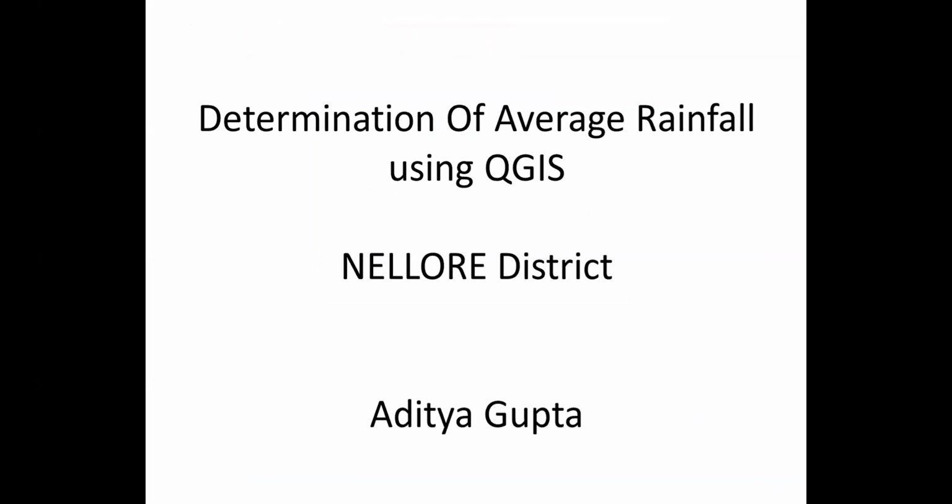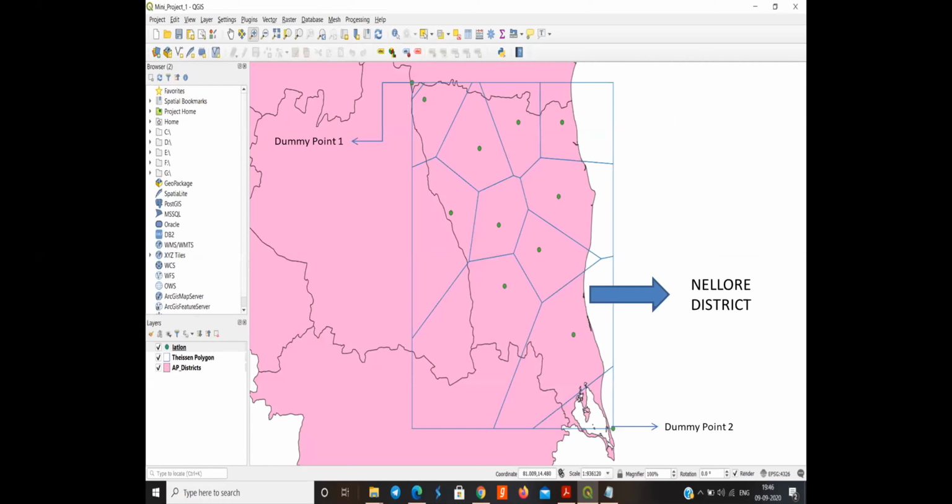That's okay. Yeah. So I took the district of Nellore for calculating the average rainfall. This was my district, and I took 2 dummy points outside the district so that I could cover the entire area using the Thiessen polygon. I took 10 different points in different locations and calculated their area.